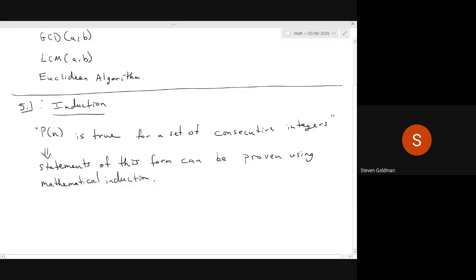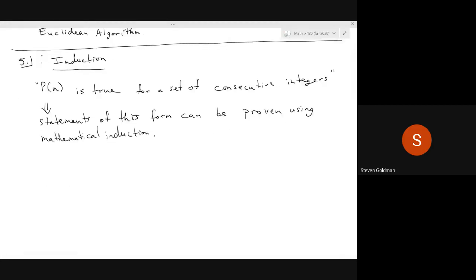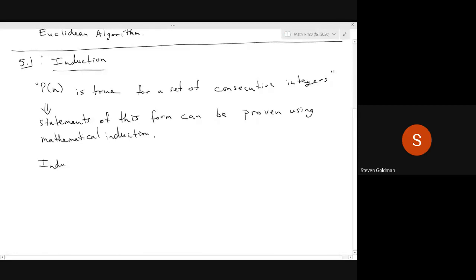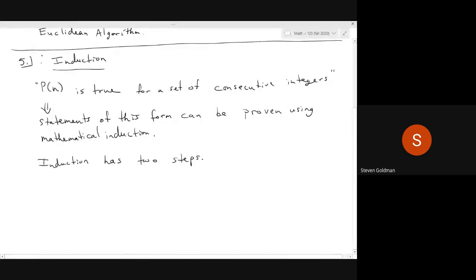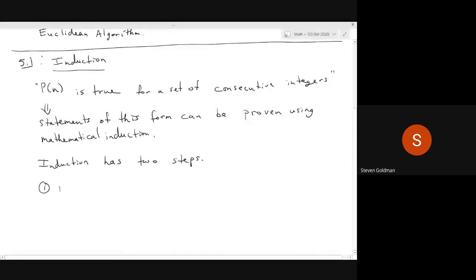So how does induction work? If you can complete the 2 steps of mathematical induction, you can prove that the given statement is true. We said last time that there are 2 steps. Step 1 is called the basis step.